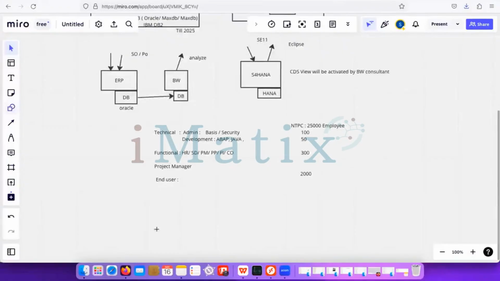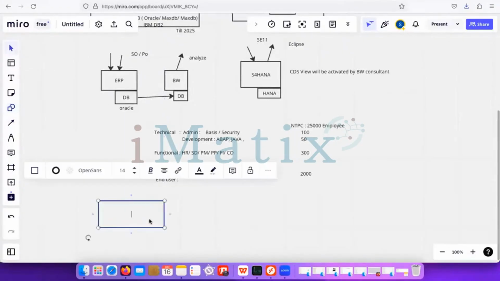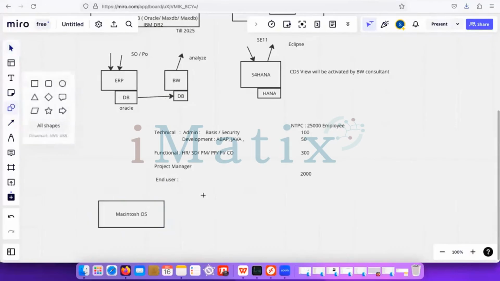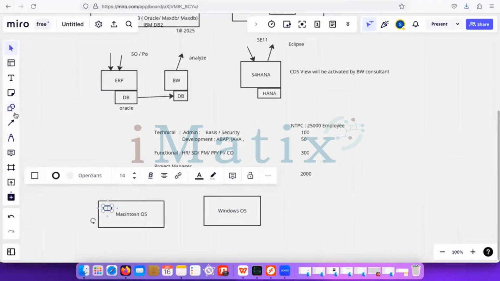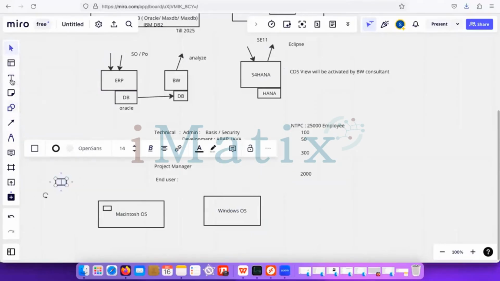Suppose I have 2 operating systems. I have MacBook Macintosh and I have Windows OS also. I want to run a Java program. This Java program I have written one time.